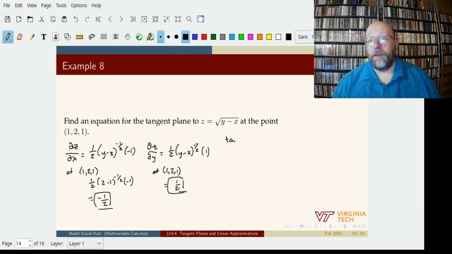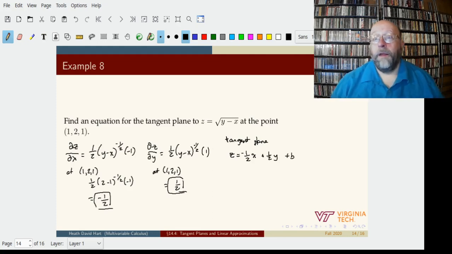And so the tangent plane is z equals negative 1/2 times x plus 1/2 times y plus b. Again, the tangent plane looks kind of like the equation of a line, mx plus b, but there's an mx and an my, just a slope in both directions here.